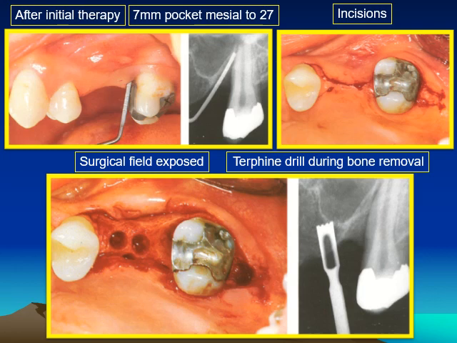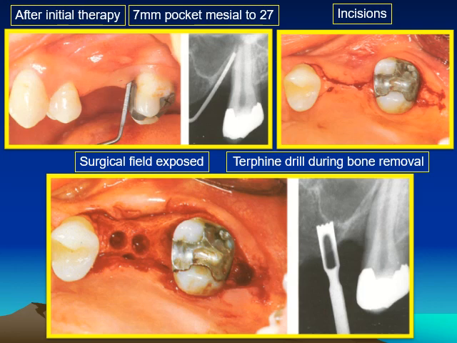In the bottom left, we can see the surgical field exposed. Following root planing and debridement of the intrabony pocket, the 3-wall defect mesial to 2.7 and 2 of the 3 donor sites are visible.